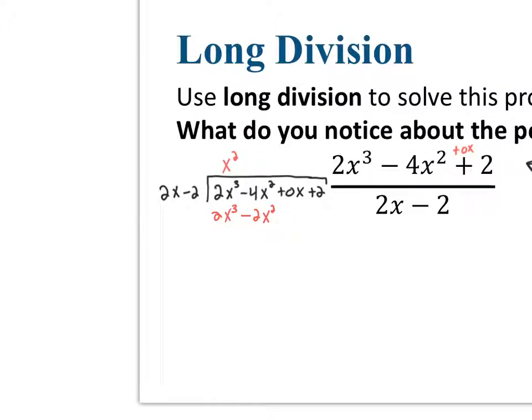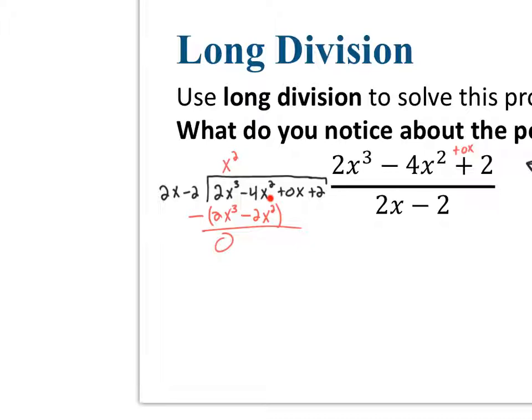Here's where it gets tricky. Before, we were supposed to subtract all of this. Well, this subtraction sign goes to this, and the subtraction sign also goes to that. So we have 2x cubed minus 2x cubed. That ends up being 0. But when we do it with this, we have to be really, really careful.